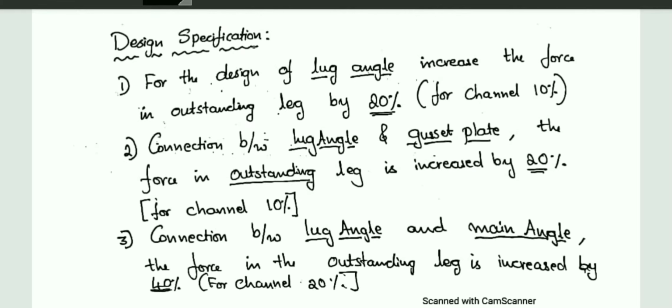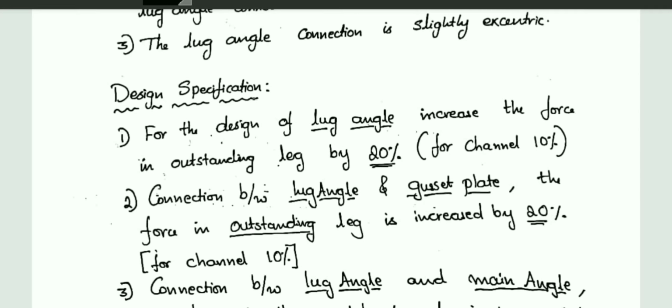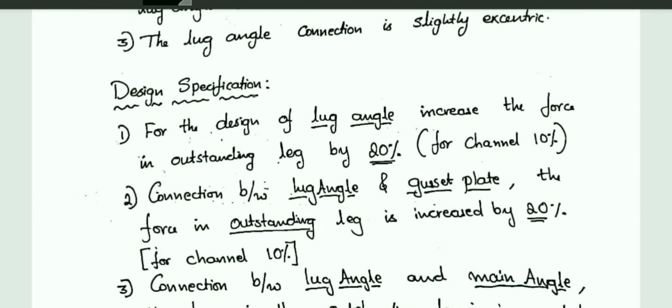The design specifications to consider while designing are three main things. First, for the design of a lug angle, we need to increase the force of the outstanding leg, by 20%. So first you need to select a lug angle.